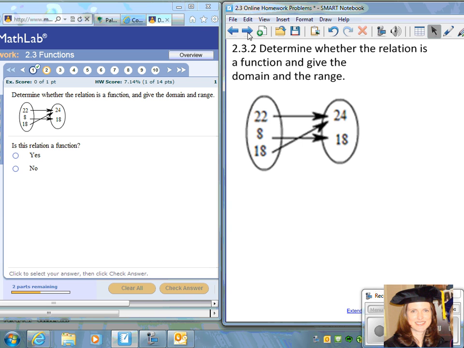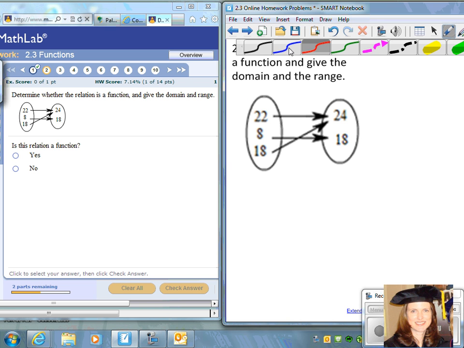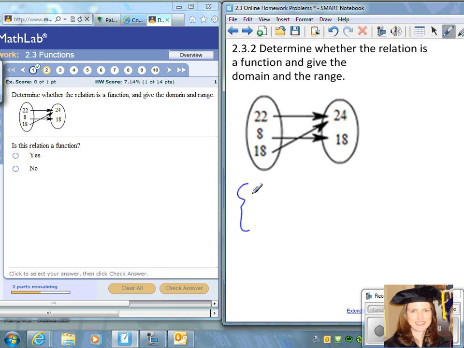Question number 2. Determine whether the relation is a function and give the domain and range. Well, this is a mapping, and you can come up with the set of ordered pairs for this mapping. Every value on the left side is an x value, so that would be 22, which maps to a value in the second grouping.